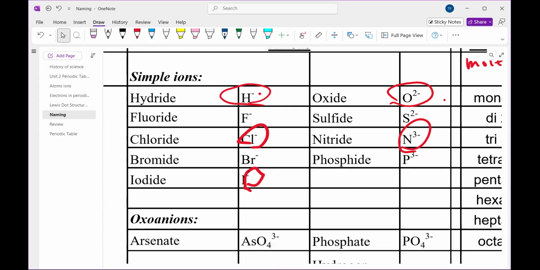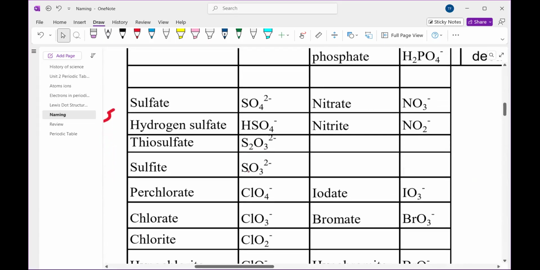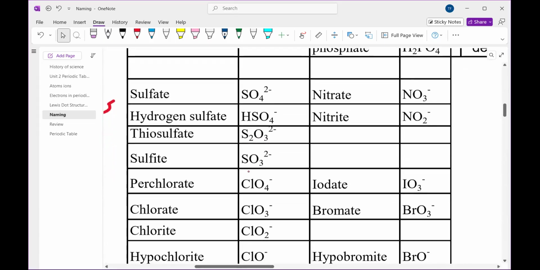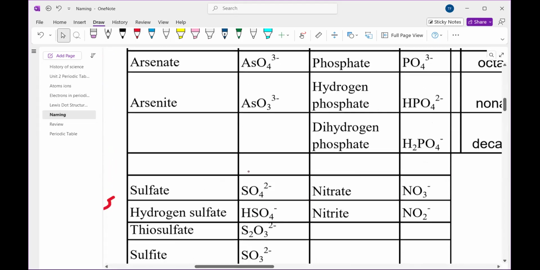You can add on 4 oxygens, 3 oxygens. There's a variety. Look at chlorine, same thing: 4, 3, 2, 1. Lots of oxygens in here. And these are called groups.